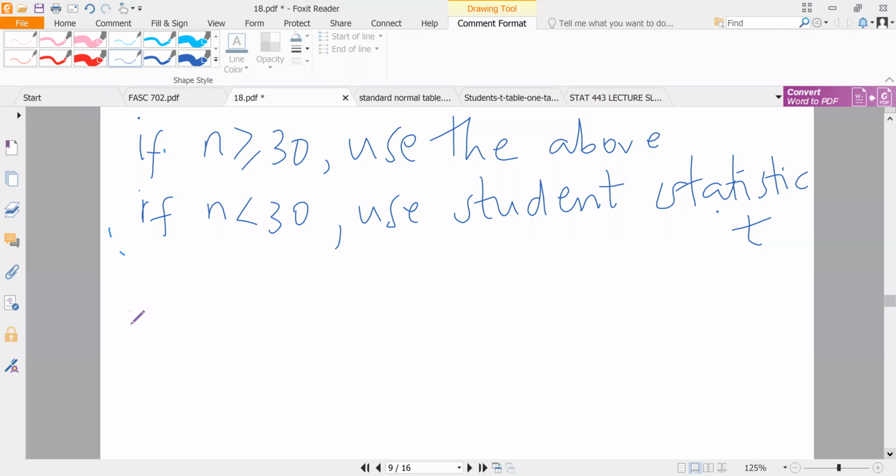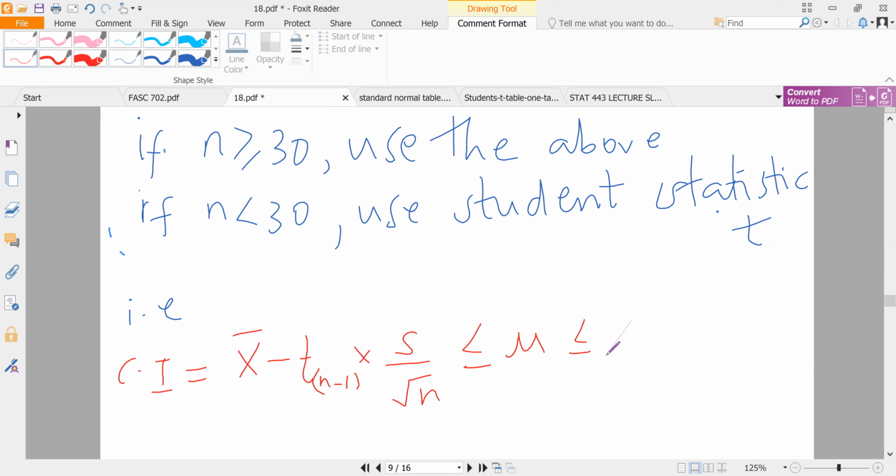That is, our confidence interval will be equal to X bar minus T at n-1 degrees of freedom multiplied by S over root n, less than or equal to mu, less than or equal to X bar plus T at n-1 degrees of freedom multiplied by S over root n. That is when your sample size is less than 30. This is the approach that you should use.